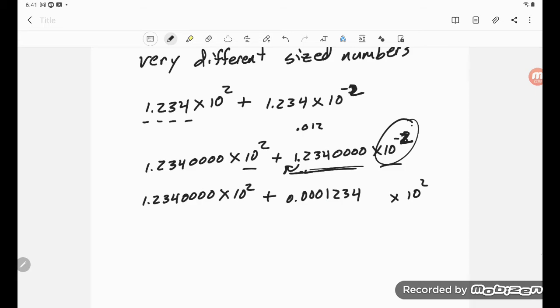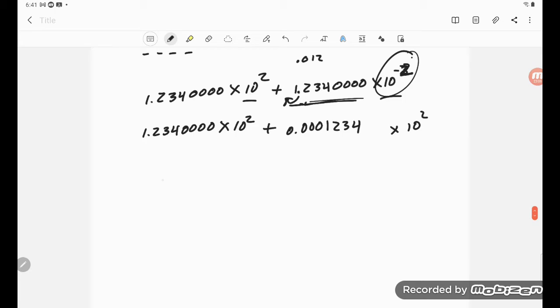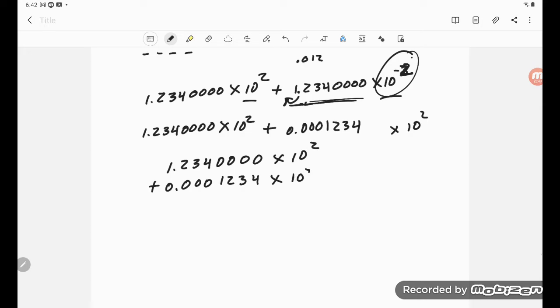So I'm going to add those two numbers. Let's put them vertical now. 1.234 times 10 to the 2. Well, let me get those extra zeros in there. So this is what the accumulator will do. It will handle that non-standard form, starting with the 0 and so forth, and have the 0 padding, and then plus 0.000123 times 10 to the 2.